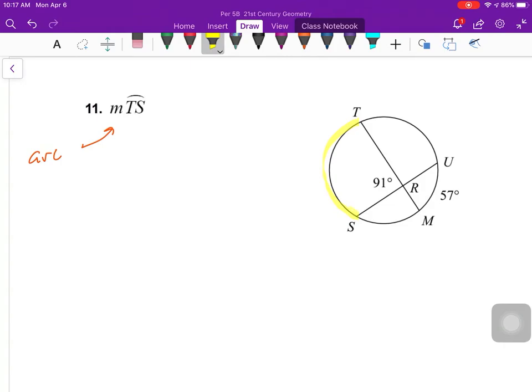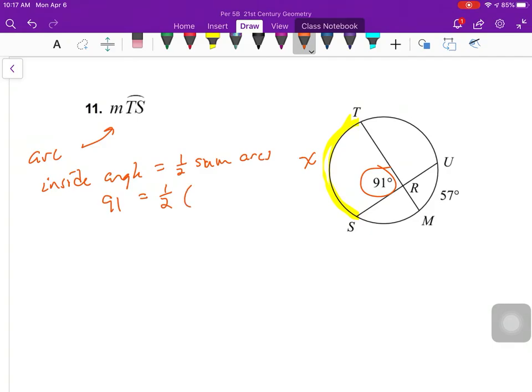Looks like this time we're looking for an arc. And the arc we're looking for is T to S. I'm going to call that one my X. We have an inside angle. So that's half the sum of the arcs. The inside angle is the 91. So 91 equals half.